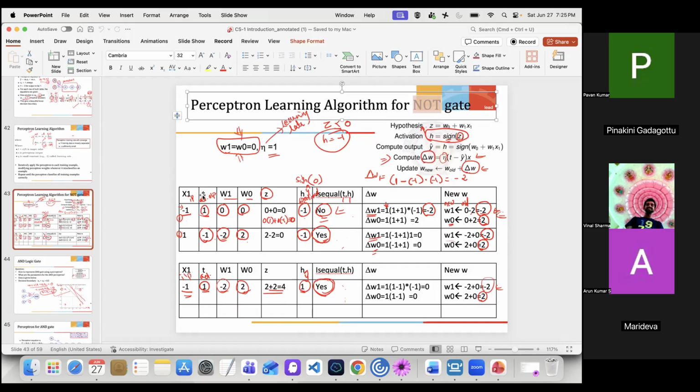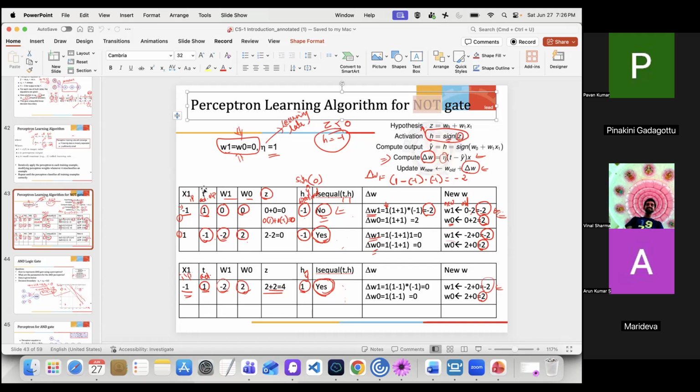T is the ground truth, the expected output. Yes, T is the ground truth.